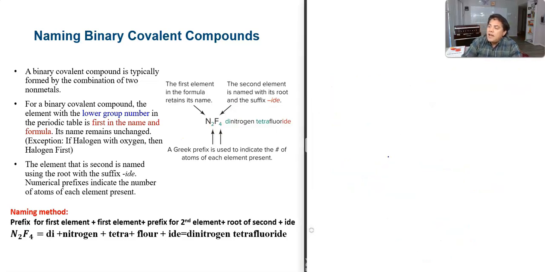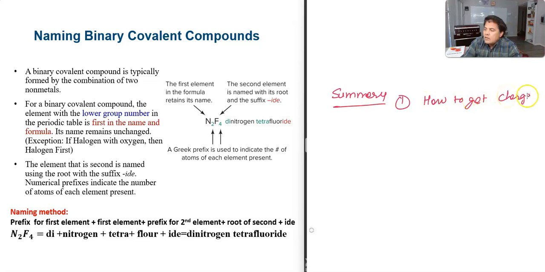Now let's summarize that and then we will go to the next video. Okay. Summary. What is the summary? We studied how to calculate charge. We can predict charge by comparing with the nearest inert gas, right?